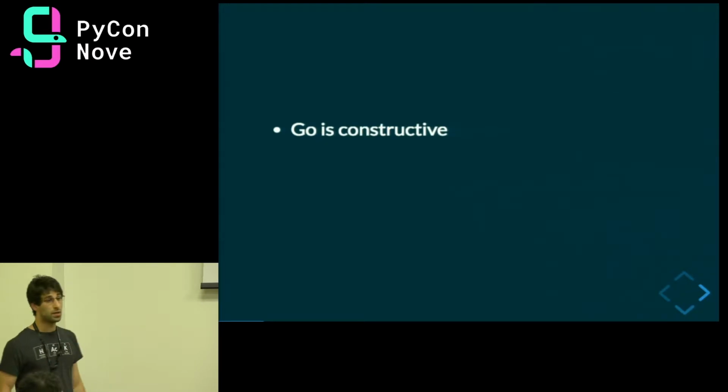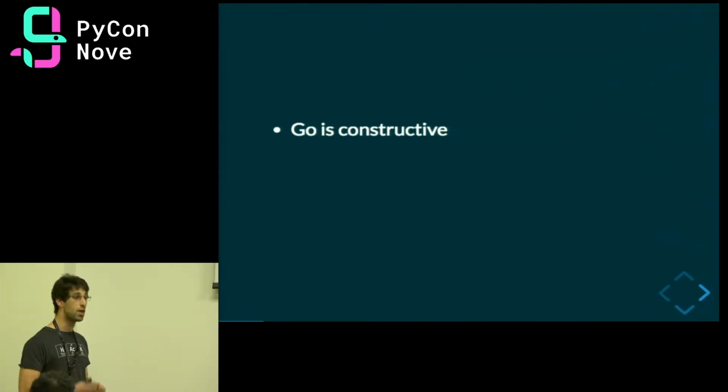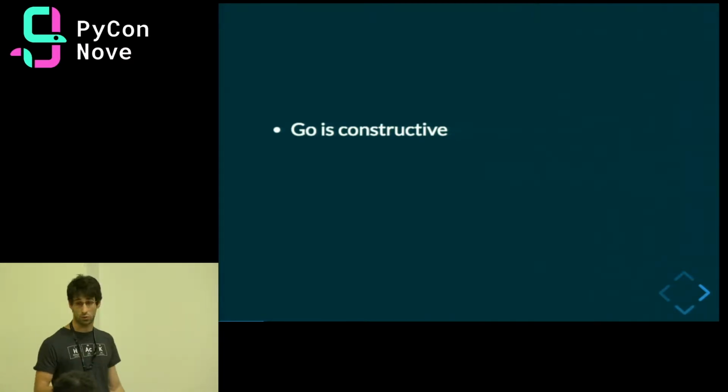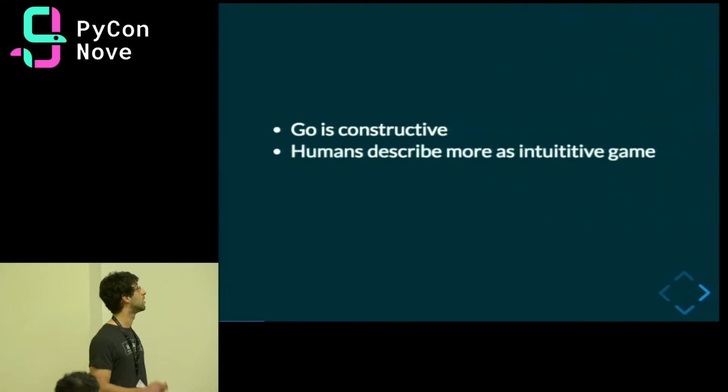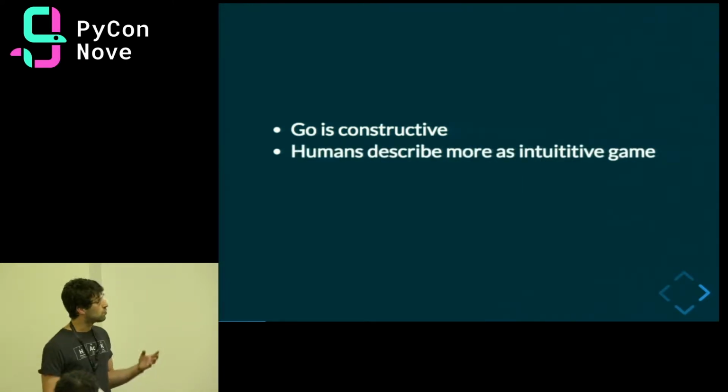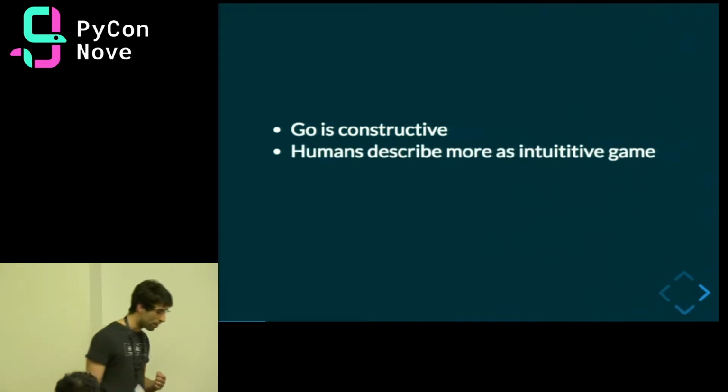Now, how complex is it? The first thing to notice is that Go is a constructive game. What does it mean? It means that you start with an open space and you start building. You put stones and you build your plans while you play. It's not like chess, which is destructive on the other hand. The second thing is that humans say the game of Go is intuitive.